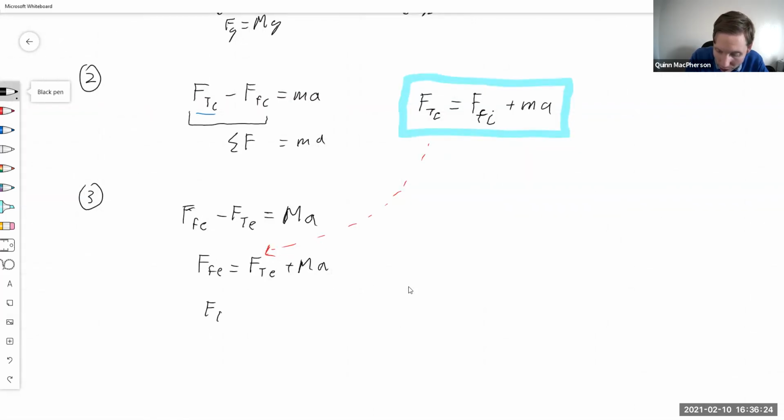So force friction engine is equal to force friction car plus ma plus Ma, or if you want to write it more succinctly, force friction car plus (M plus m)a.